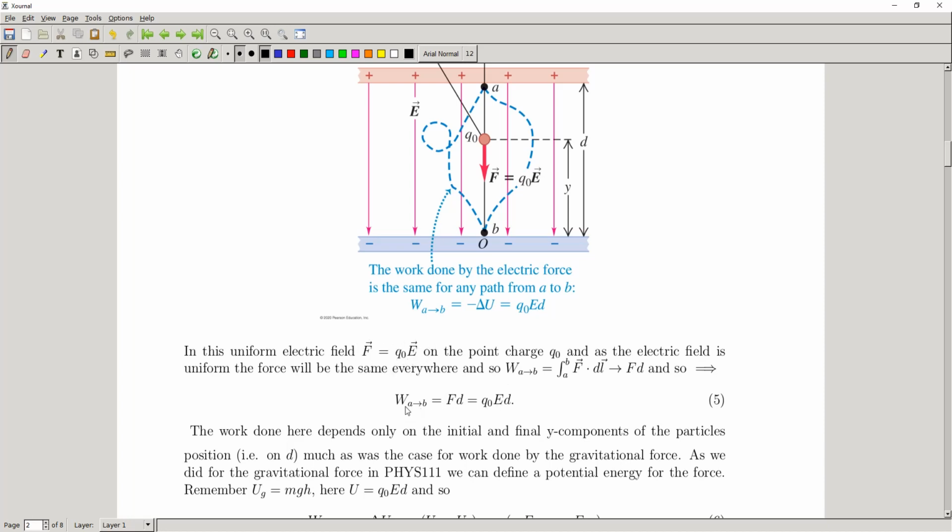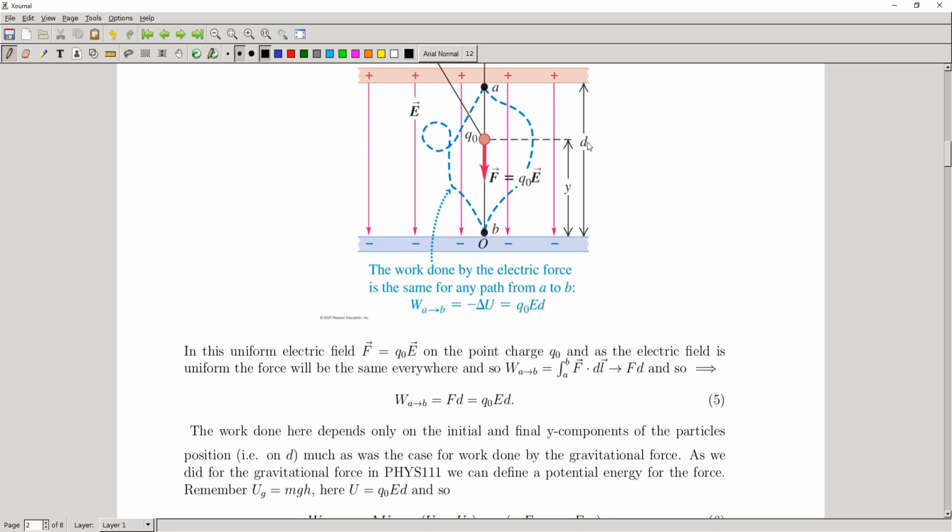So the work done in moving the particle from A to B is equal to the charge on our test charge times the magnitude of the electric field times the distance over which we're moving it, right? Okay, so the work done here depends only on the initial and final y components of the particle.